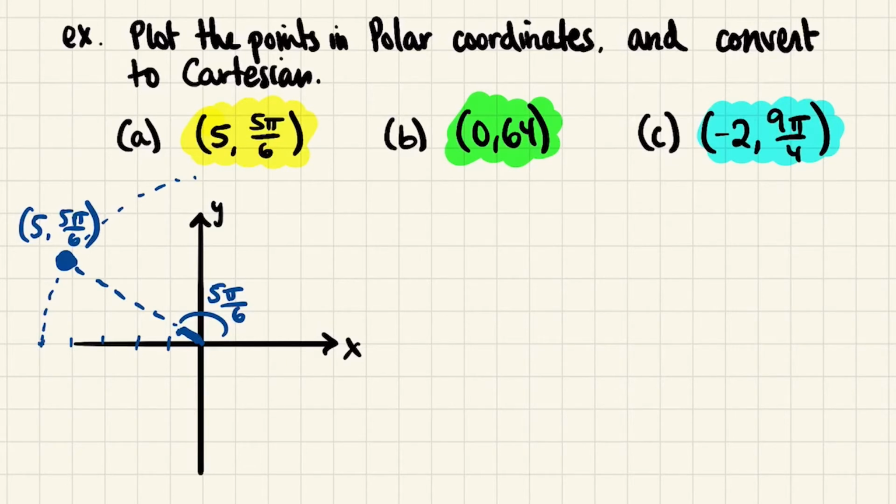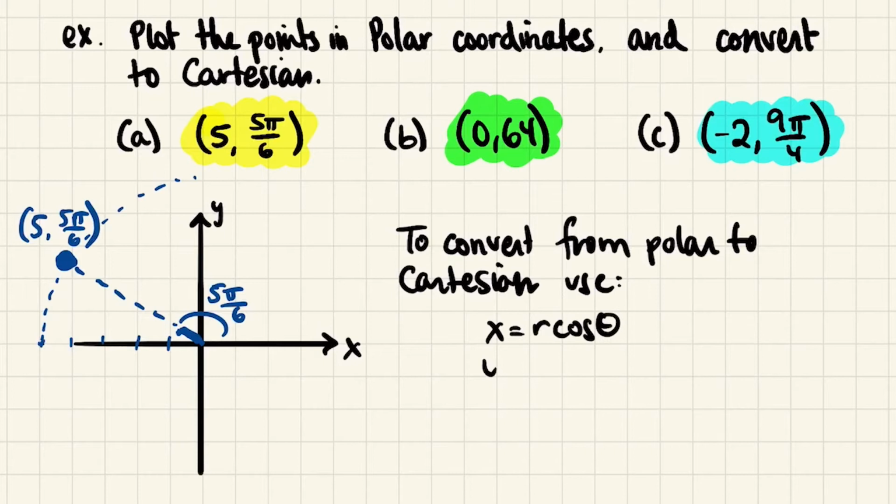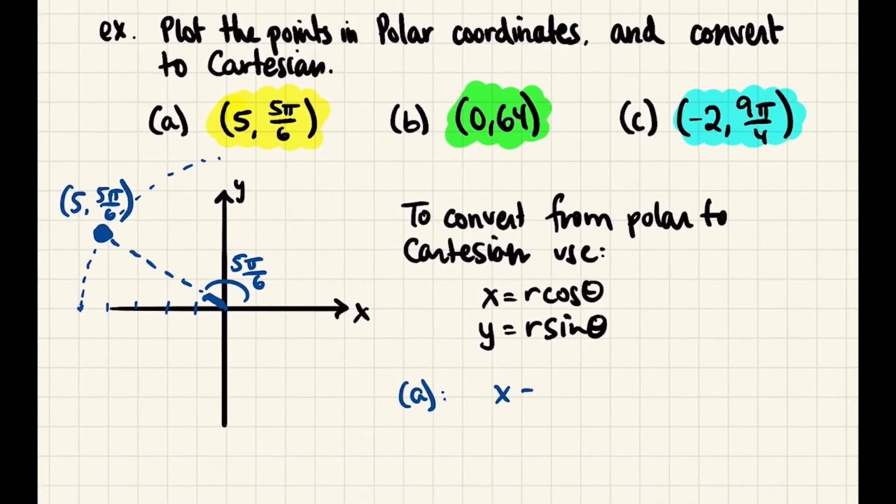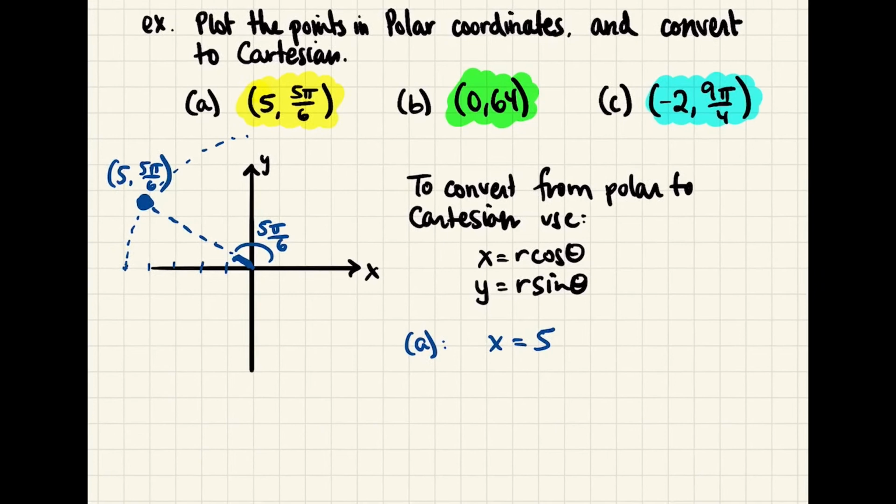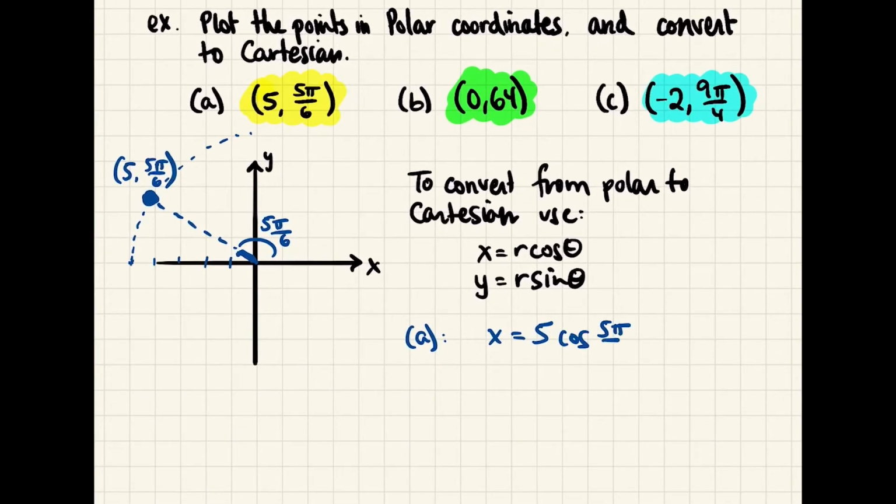All right, and let's convert that over to Cartesian. So we'll use those formulas. For part A, x will be r, which is 5, times cosine of 5 pi over 6. So that's 5 times negative rad 3 over 2, which is negative 5 rad 3 over 2.